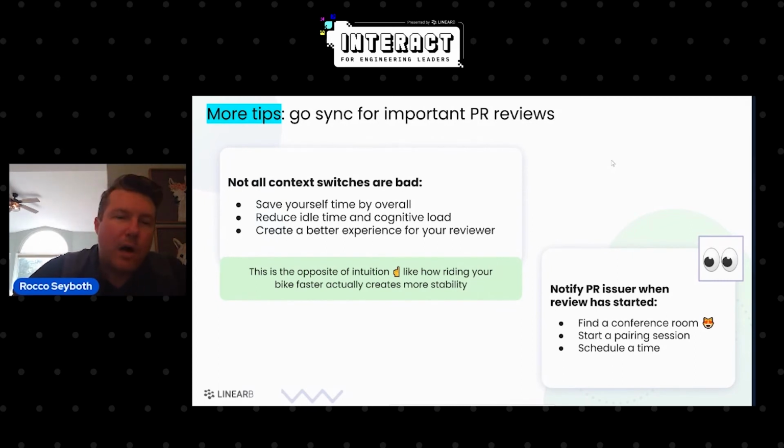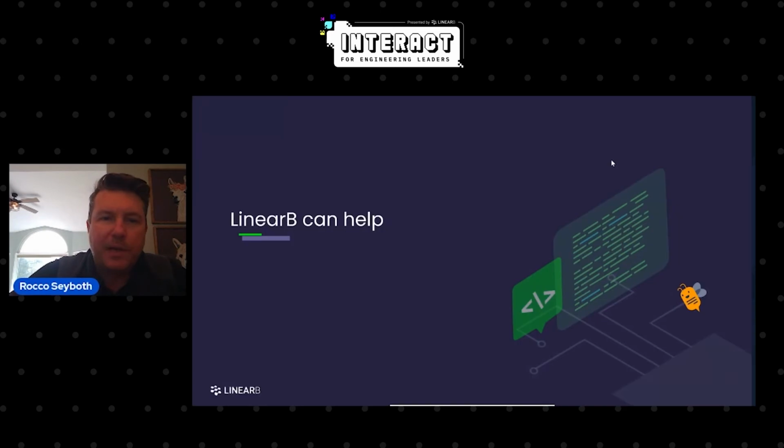We believe overall that that's a good context switch, and that overall you as a developer, by getting your PR merged faster, if you make yourself available to that reviewer in the moment when they're ready to talk to you, you'll get your work merged faster, and that will actually allow you to spend more time focused on coding and not get your work stuck. So a little bit against the grain, but something that is working for us and working for some LinearB customers.